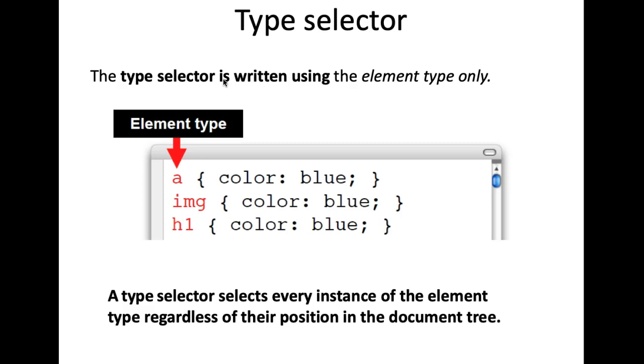So that's a type selector, and all you have to do to grab that is simply take the HTML tag itself, add an opening brace, find your property, add a colon, define a value, add a semicolon, and then close it with a curly brace. Now, one thing I should take note of here is that your text editors are going to do most of the auto-populating for you.